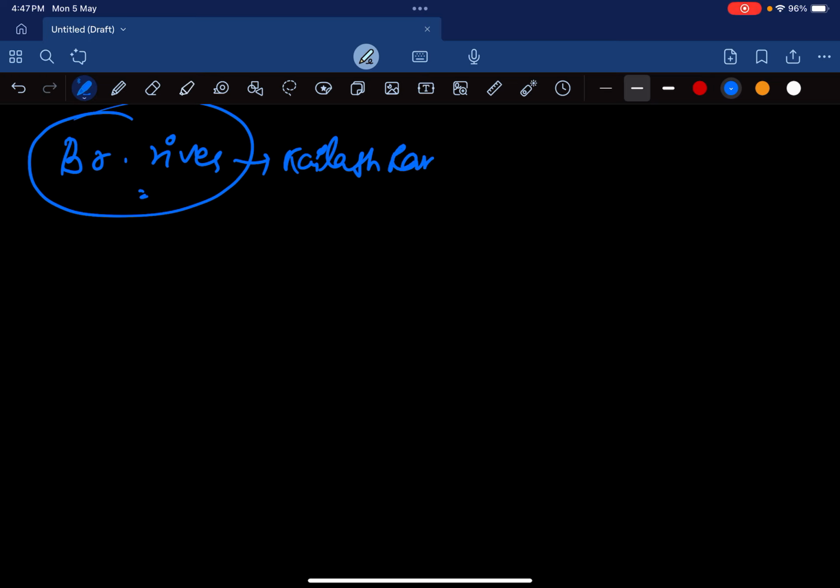So we are done with two river systems of India. Now let's look at the third river, Brahmaputra river, right? So Brahmaputra river is again from the Kailash range itself, Kailash range में, just like the Indus river, but their glaciers are different.